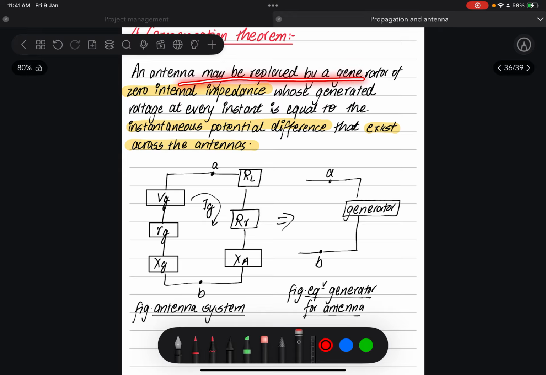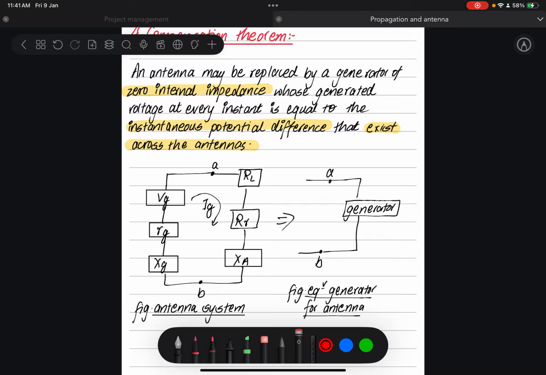An antenna may be replaced by a generator of zero internal impedance. This has to have a zero internal impedance, with the generated voltage at every instant equal to the instantaneous potential difference that exists across the antenna. So the instantaneous potential difference across the antenna should be equal to the generated voltage at every instant.